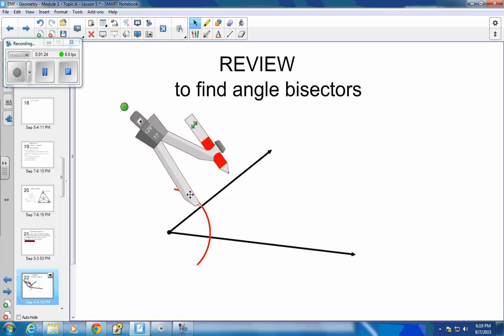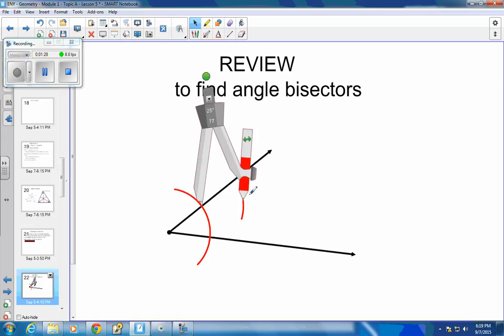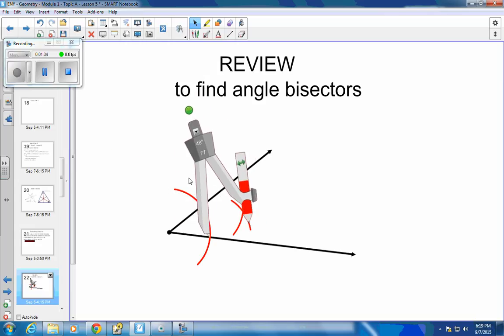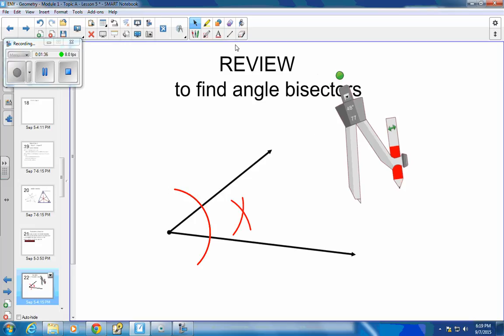Then we move the compass to the first intersection, and you draw a circle or an arc, whichever you prefer. You move it to the second intersection, and you draw the other intersection or arc or circle. And then you can connect the vertex of your angle through that intersection, and you should have bisected your angle.